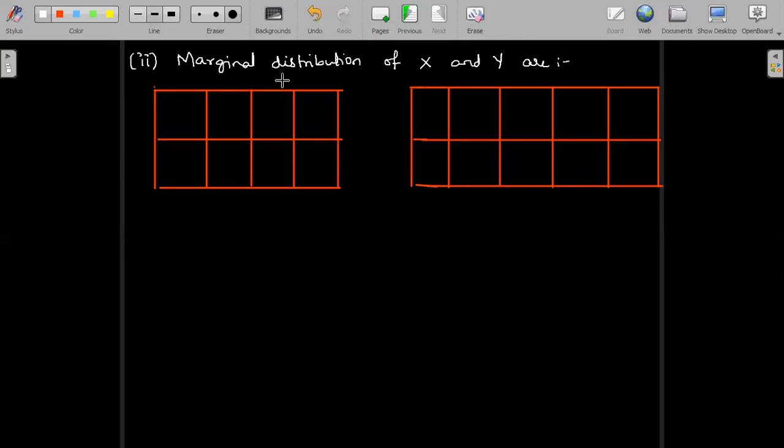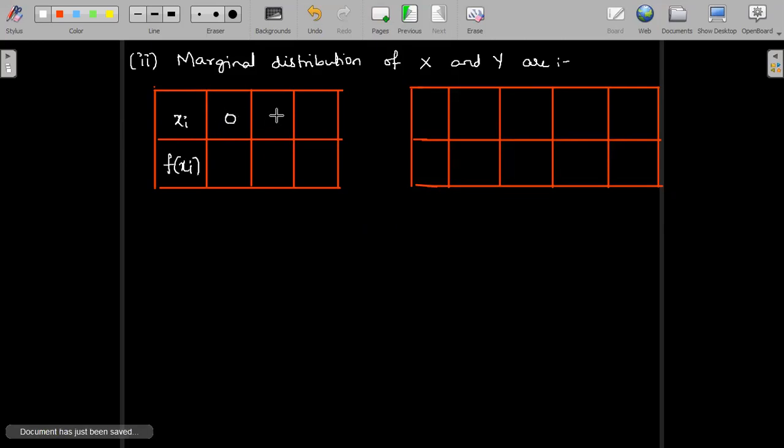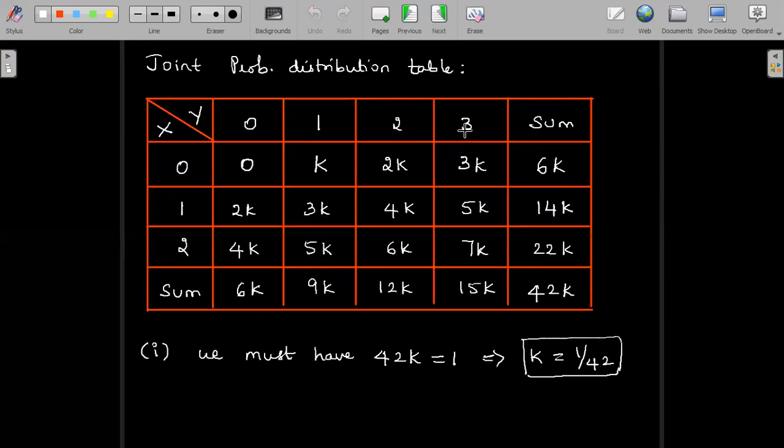Right, so this is a table for the marginal distribution of x and y. So we have x values, which I'll write as xi, and f of xi respectively. Xi values are 0, 1 and 2. And we shall now find the respective f of xi values, which we have already seen in the joint probability distribution table.